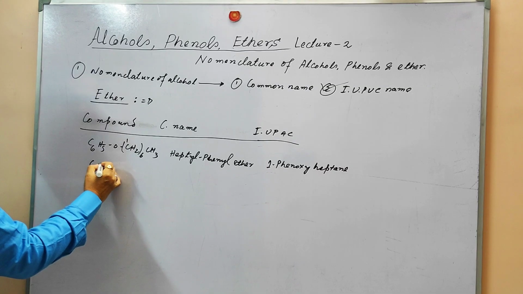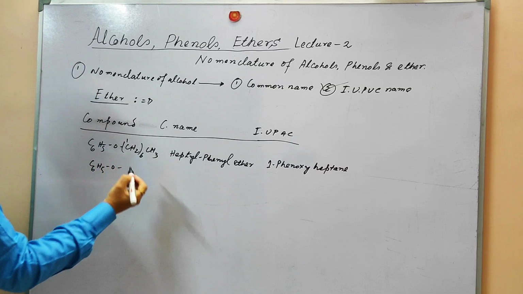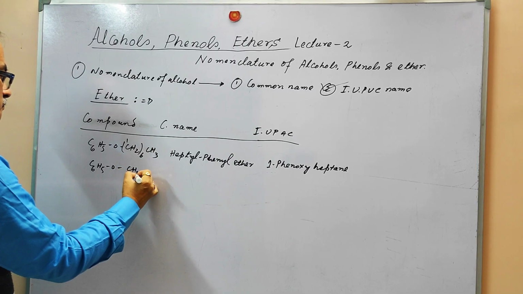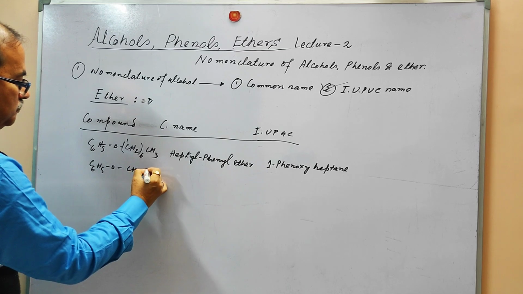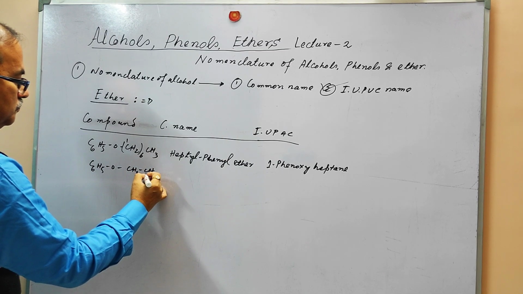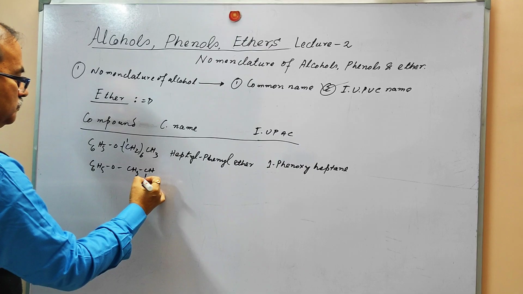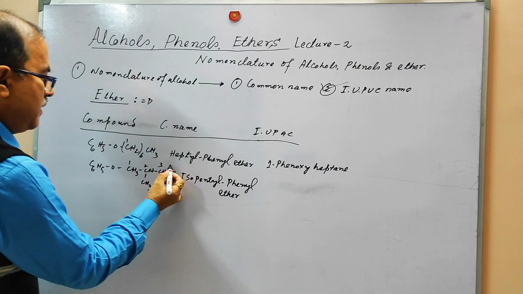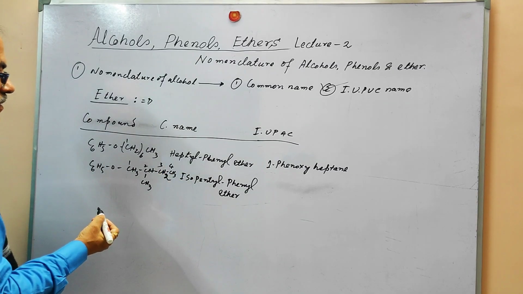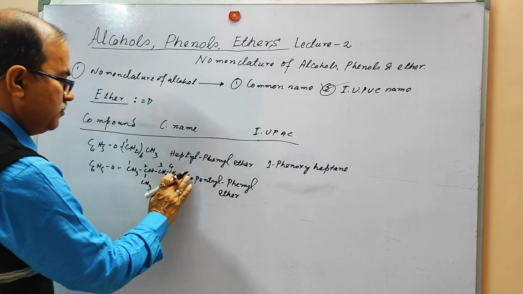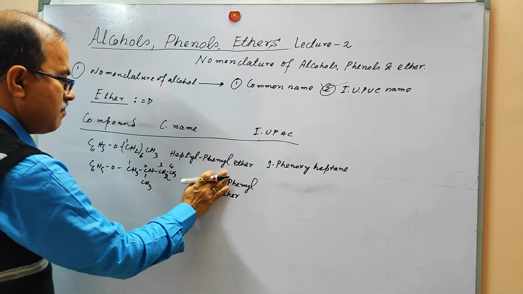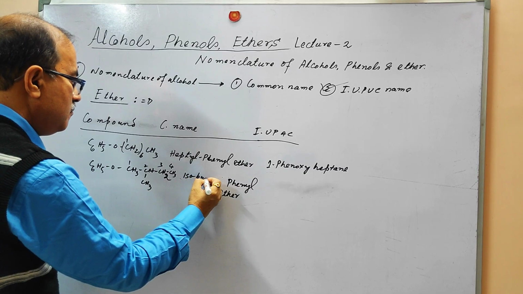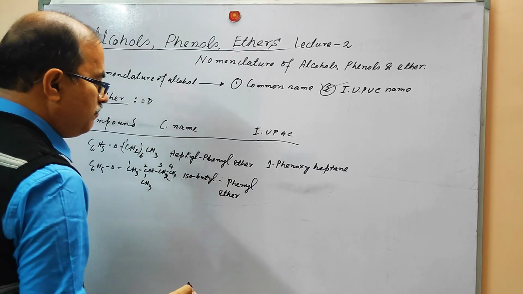Another example we can take is C6H5O. Here the name will change: isobutyl phenyl ether.